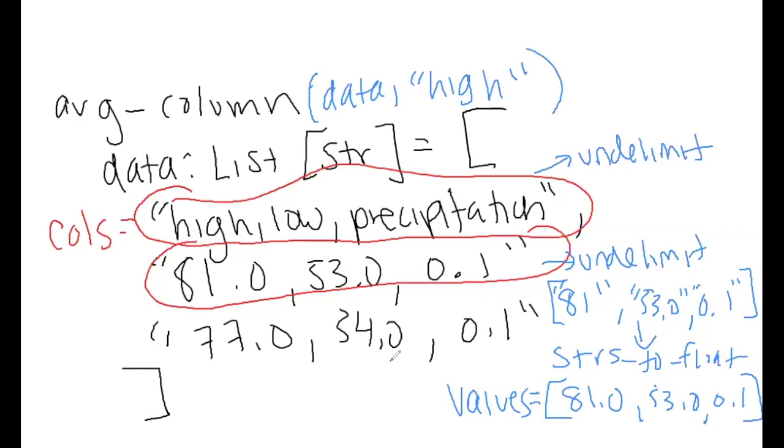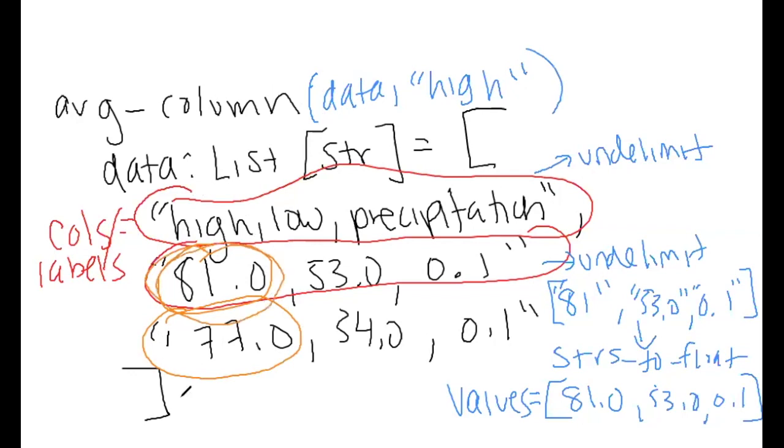Great. So far we have columns, values, and another word that we've used for columns has also been labels. So we have columns, slash labels, and values. So thinking back to another function we recently implemented, if our end goal, right, is to get the average of all of the data in the high column, we want to somehow, in the first iteration, extract this 81.